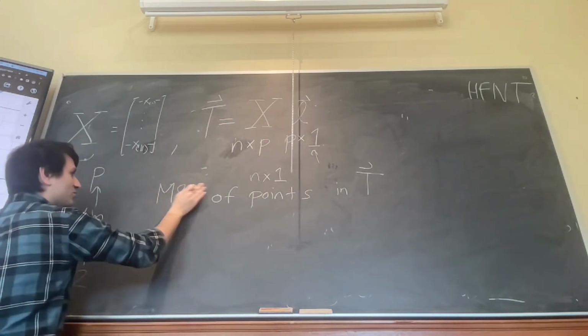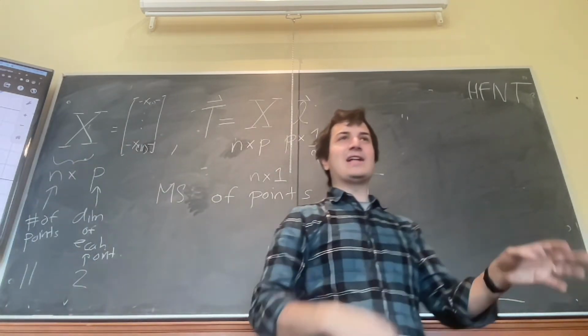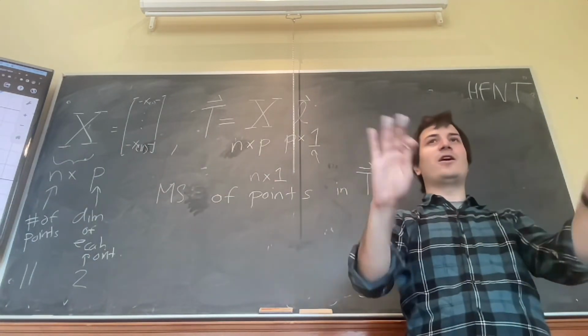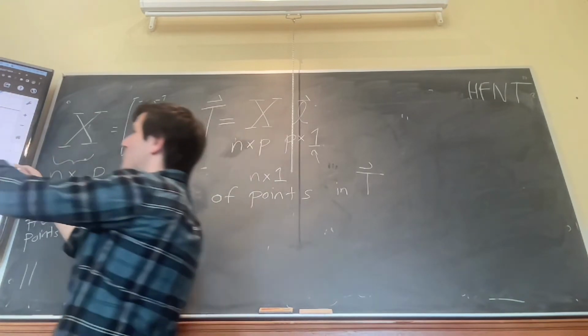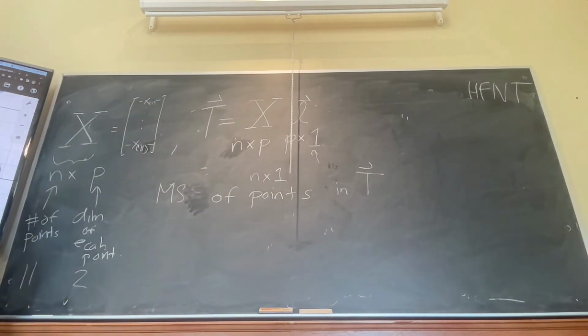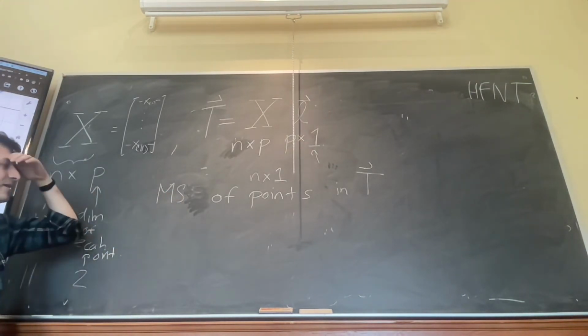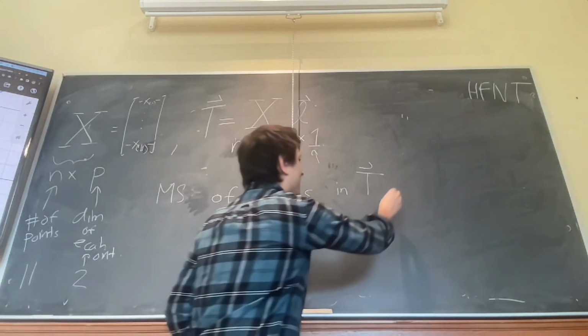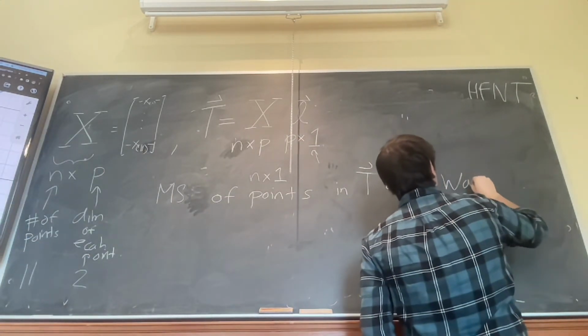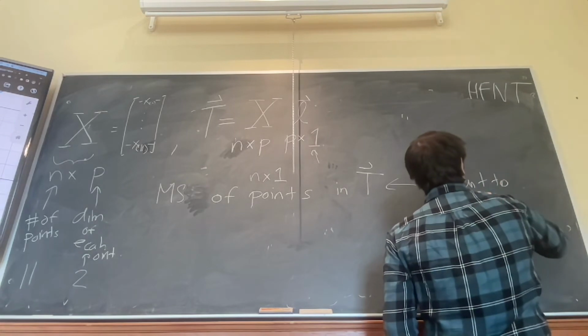I guess it's just the mean squared. So the mean squared error, we had some targets, and we were trying to say how far away we were from the targets. In this one, we're just trying to make sure they're spread out as possible. So I guess the target is 0. We want everybody to be as far away as possible from 0. So I won't say mean squared error, I'll just say mean squared of the points. And we want to maximize.